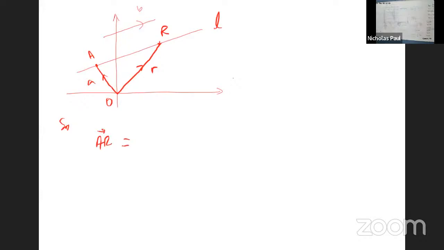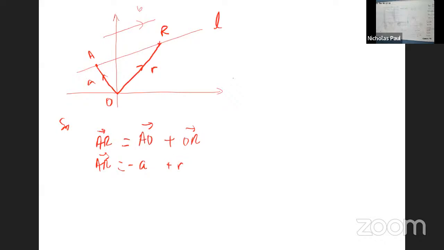A to O, O to R. So that'll be A to O plus O to R. What is A to O? A to O is small a, but you're going against the arrow, so that'll be minus a. And then O to R is small r.